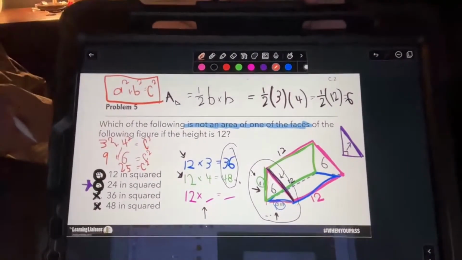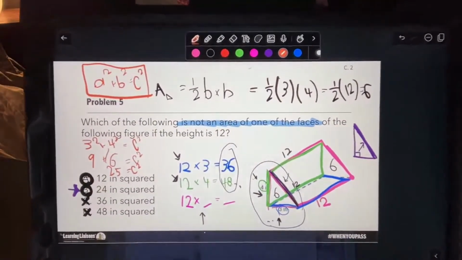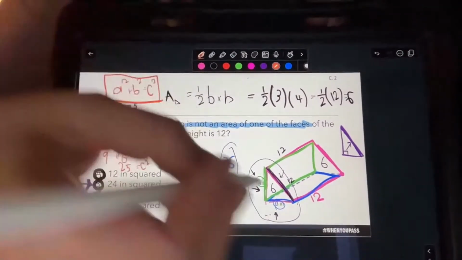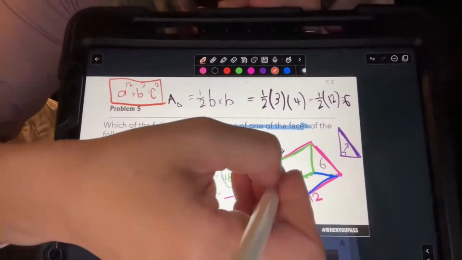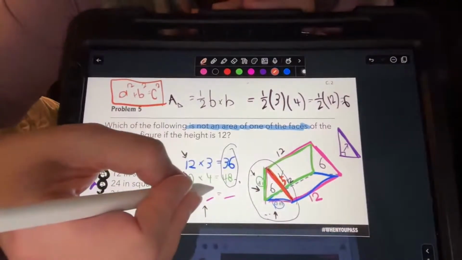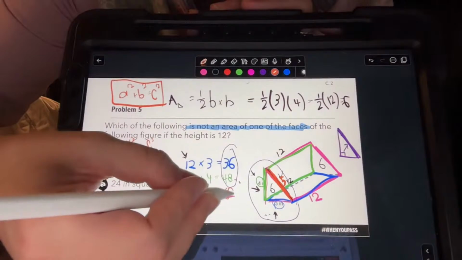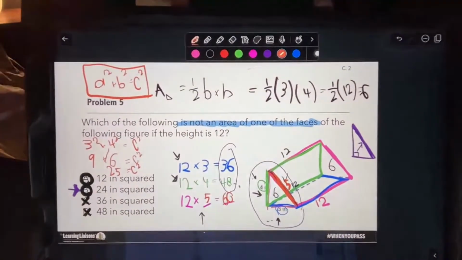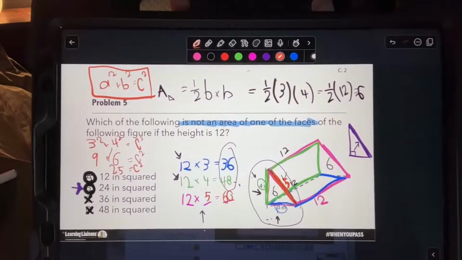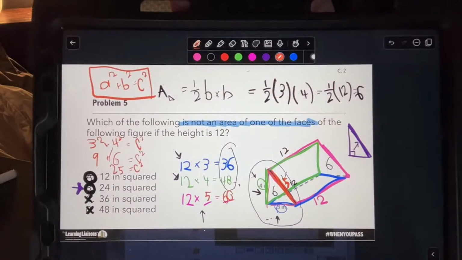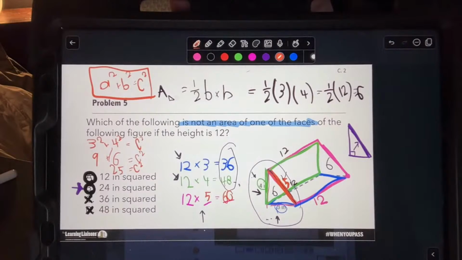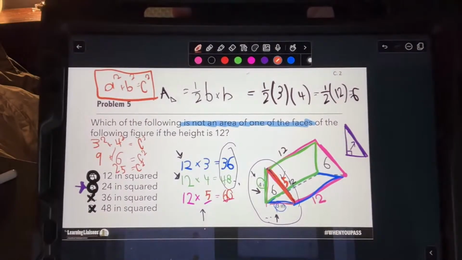And in this case, I can square root 25. The square root of 25 is 5. So C is 5, and 12 times 5 is 60, which means that 12 and 24 are both not areas of this specific prism.